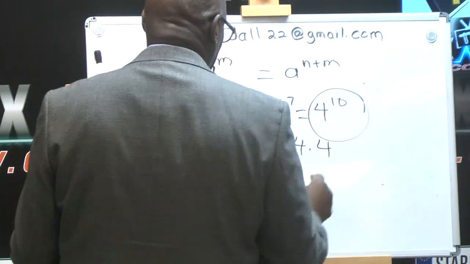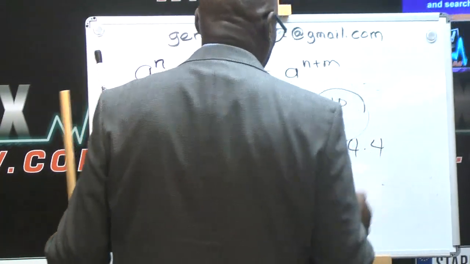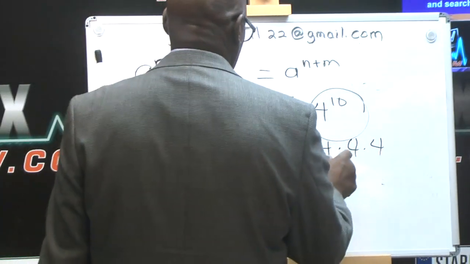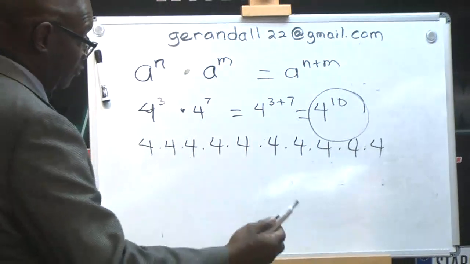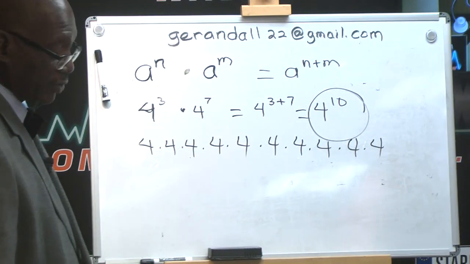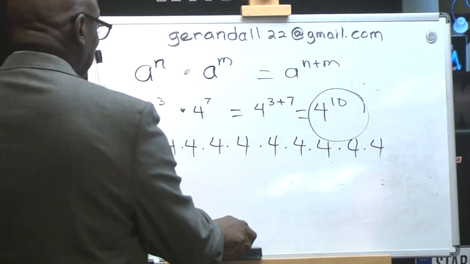That would be some astronomical number, which I'm not going to do right here. So we got 1, 2, 3, 4, 5, 6, 7, 8, 9, 10. 4 to the 10th power. Okay? So that's multiplication with the base being the same.